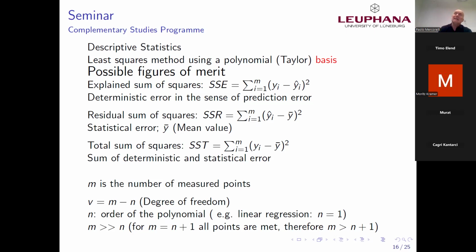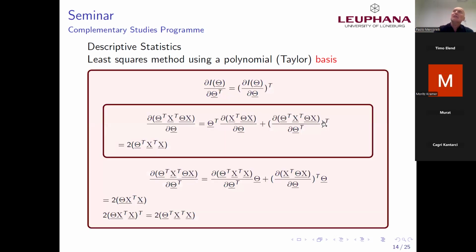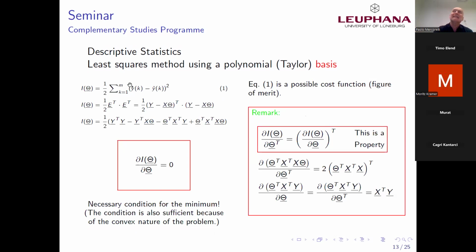SSE is exactly what we have seen until now. This is least square. In some books, the name is explained sum of squares, least square. Basically, I consider the sum of each error squared. Exactly the cost function which I presented until now is exactly this.